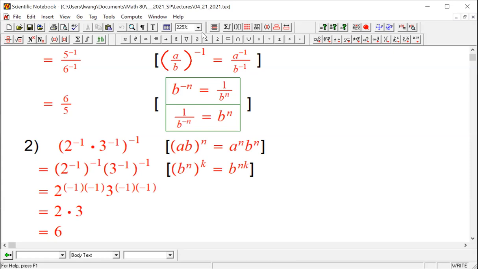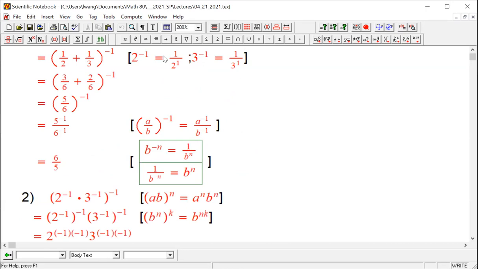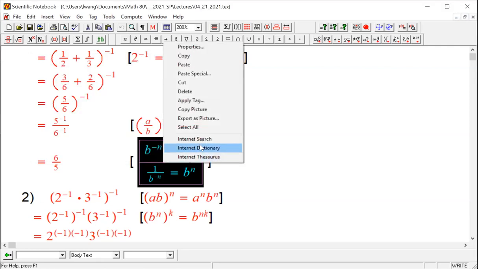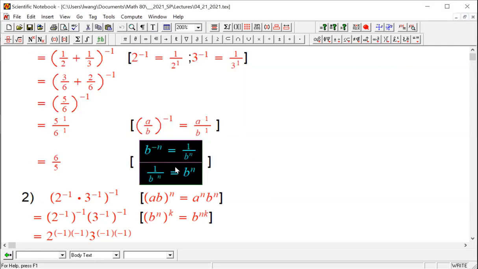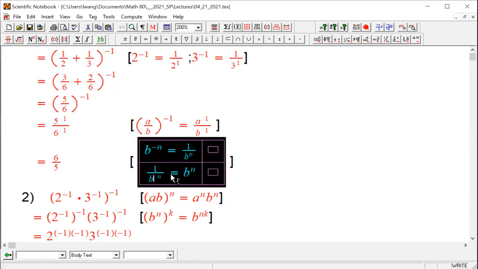Let's see if I can make it a little smaller. Let me do this. Hold on. Insert row. Insert a column.